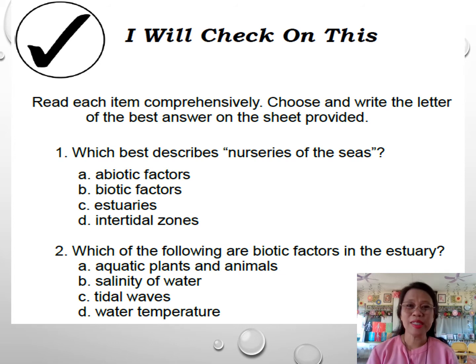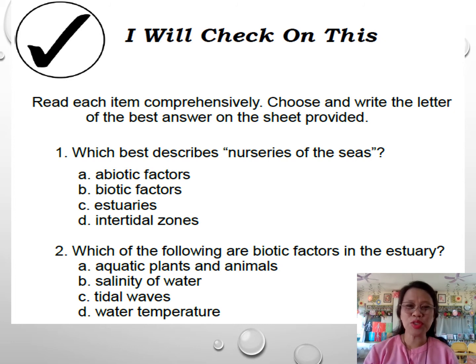A, B, C, and D. Number 2. Which of the following are biotic factors in the estuary or the living things in the estuary? A, B, C, and D.